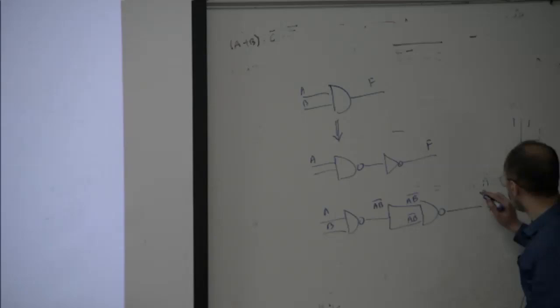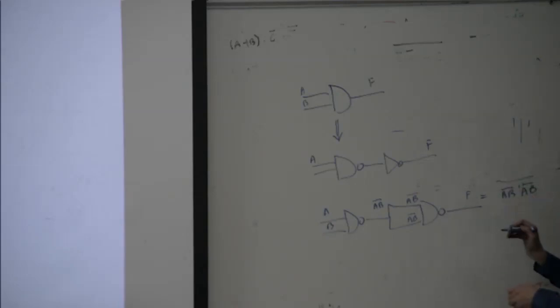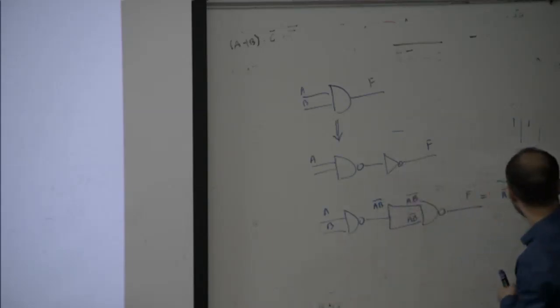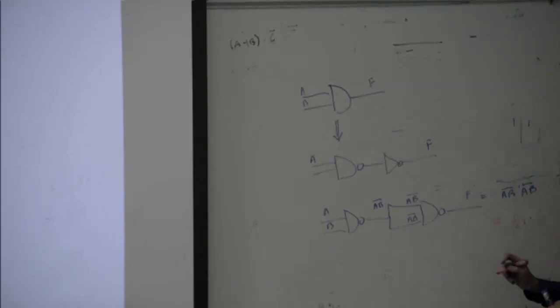F is equal to what? AB whole bar, and then AB whole bar whole bar. Let's assume this is F1. So we have F1 dot F1 whole bar.